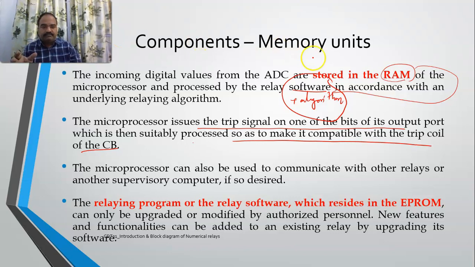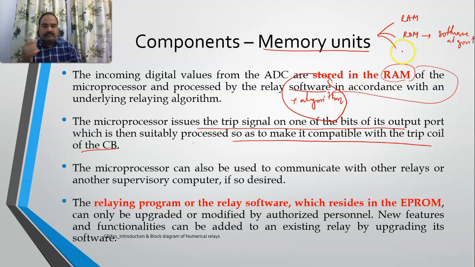Whatever the memory, let us now confine ourselves to memory, not communication. So in memory you will be having RAM, which temporarily holds the data, whatever the converted data is there, it holds that and it processes it. ROM consists of the software and the algorithm.